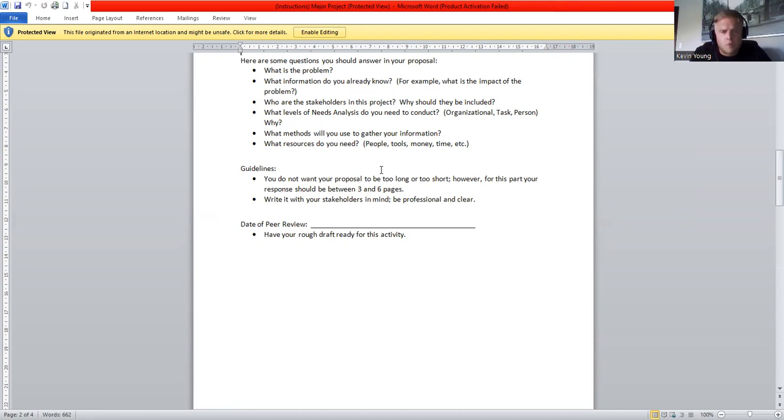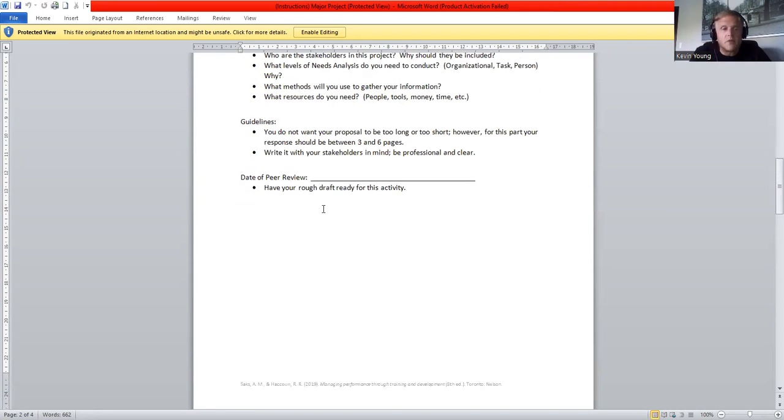You do not want your proposal to be too long or too short. For this part, your response should be between 3 and 6 pages, and write it with your stakeholders in mind. Date of peer review, we'll talk about that further, but have your rough draft ready for this activity on whatever date we decide.